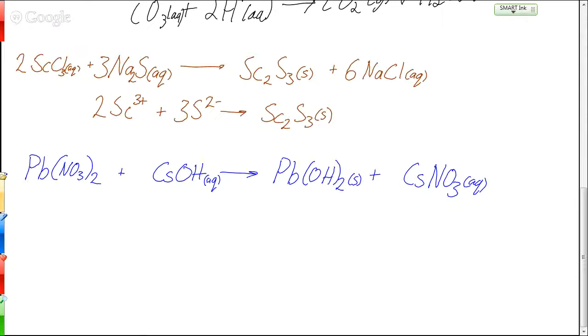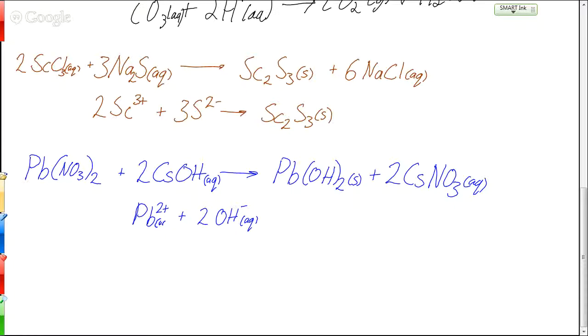Okay, now we have to balance those out. That should do it. And our net ionic equation from that would be lead 2 plus and 2 hydroxides.